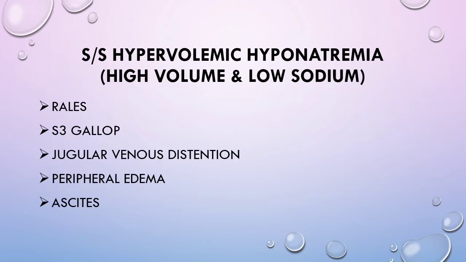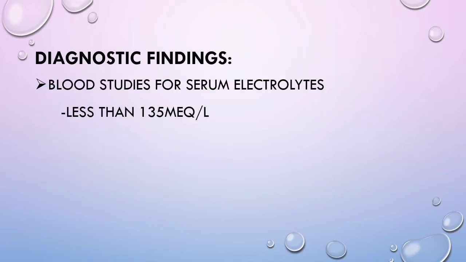For the signs and symptoms of hypervolemic hyponatremia, or high volume and low sodium, it includes rales, S3 gallop, jugular venous distension, and peripheral edema as well as ascites. For the diagnostic findings, it includes blood studies from serum electrolytes, which is less than 135 mEq per liter.